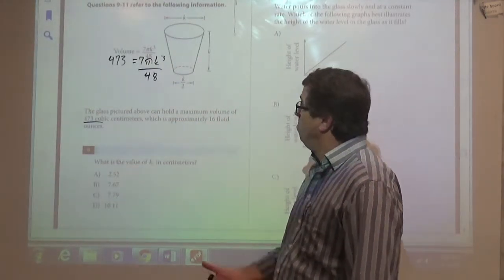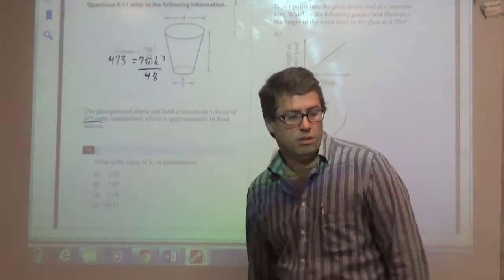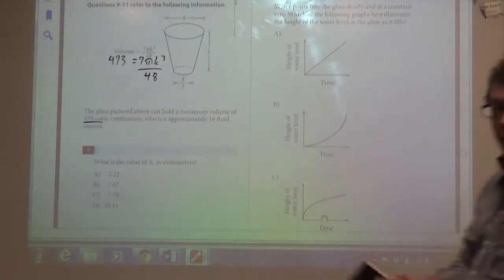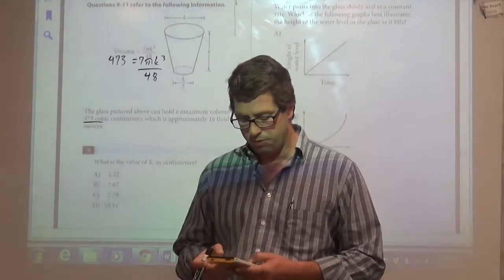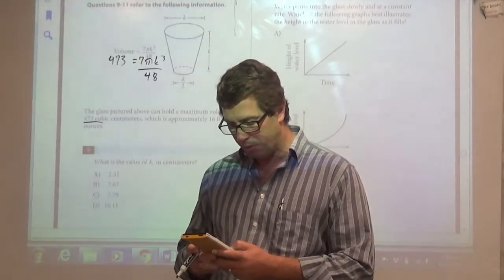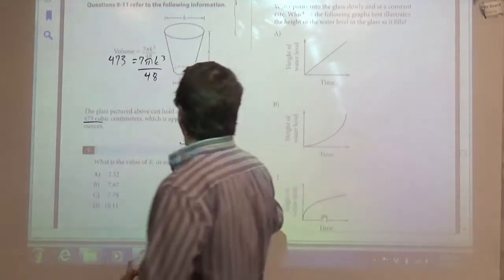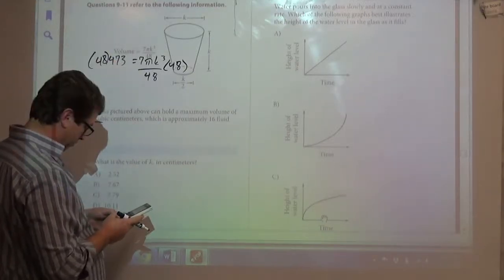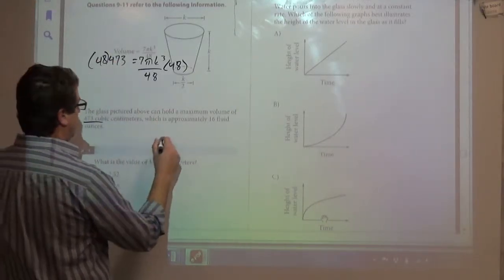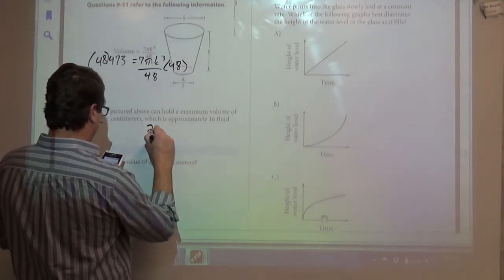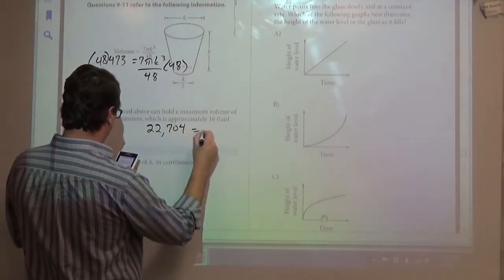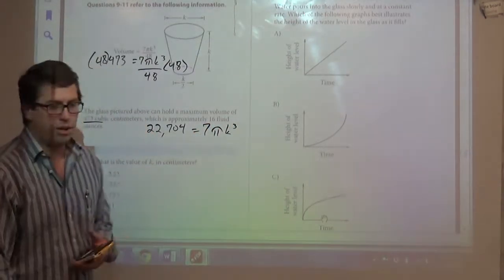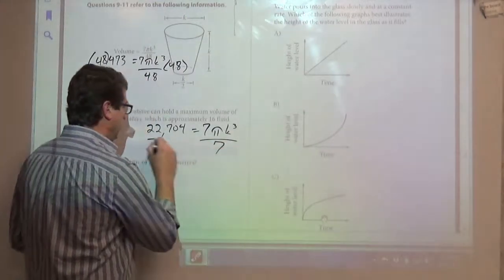This is actually something you can do on a calculator. Our class uses the TI Inspires. A lot of you probably have the TI-84. Either one's fine. So for this, you want to multiply both sides by 48. So I get 22,704 equals 7 pi k to the third. Now I need to divide both sides by 7.